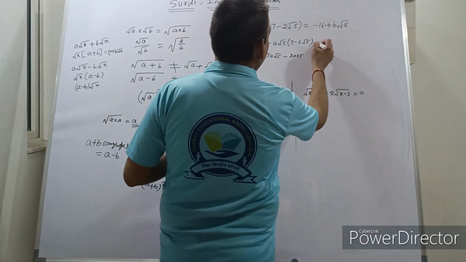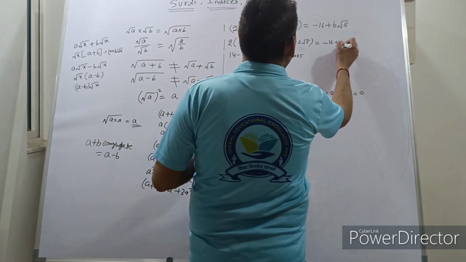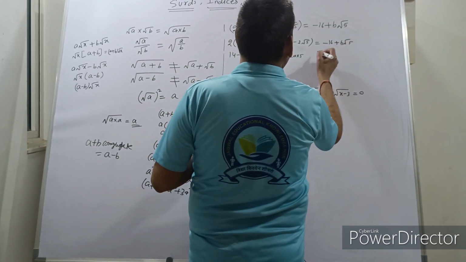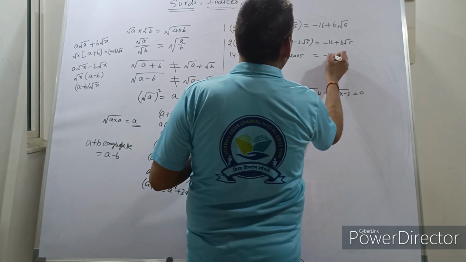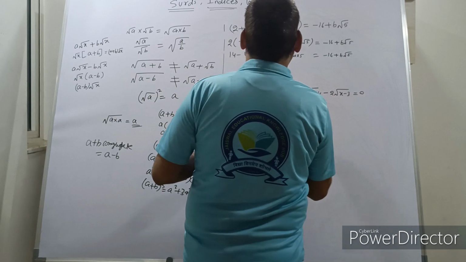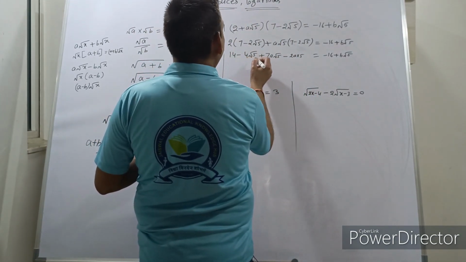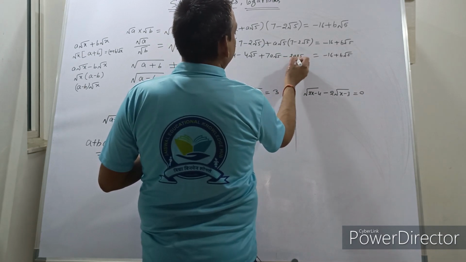Okay, and this part you can keep as it is, minus 16 plus b root 5. This also minus 16 plus b root 5. Now on this side we have 14, and this becomes minus 10a.